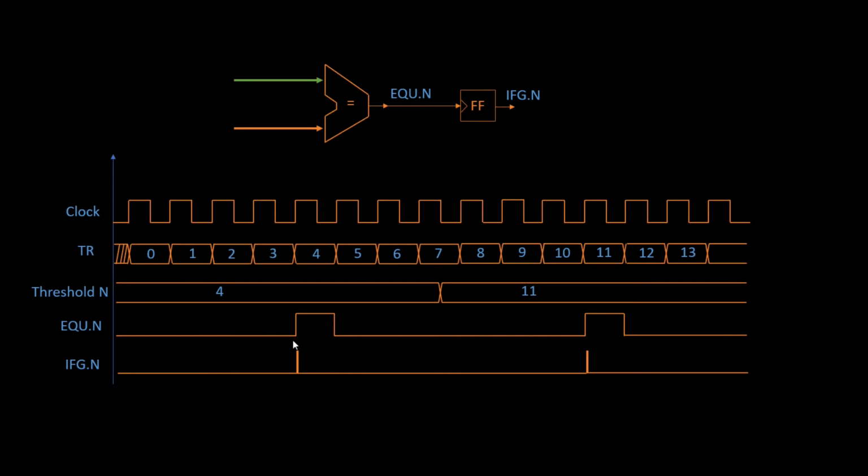So the processor responds to that interrupt flag as soon as possible. And then when we clear the flag, we are ready to receive another event. If we don't clear the flag, we will not realize that another event has happened, because we need this transition from 0 to 1 to detect that the event has happened.